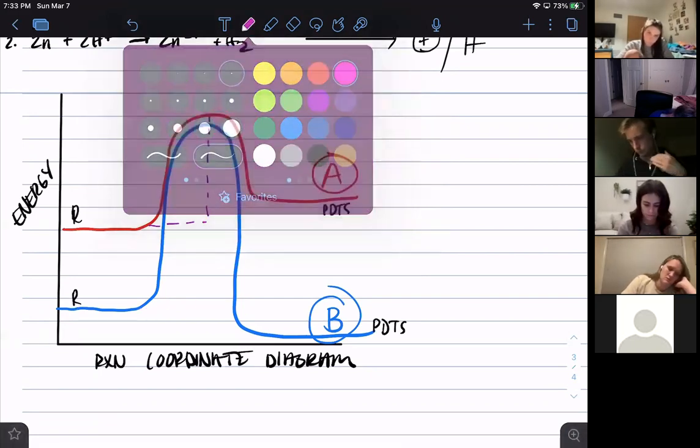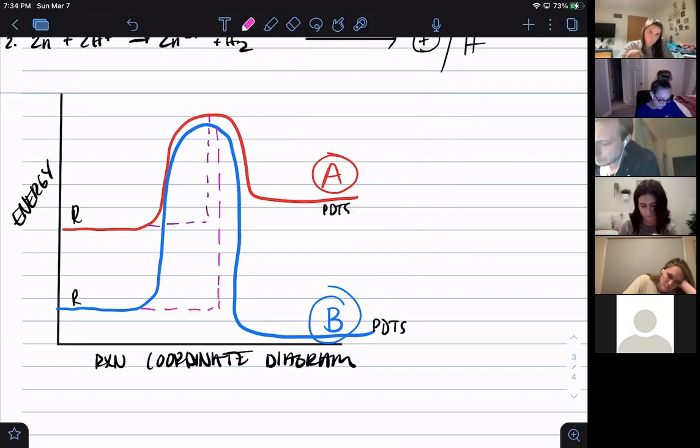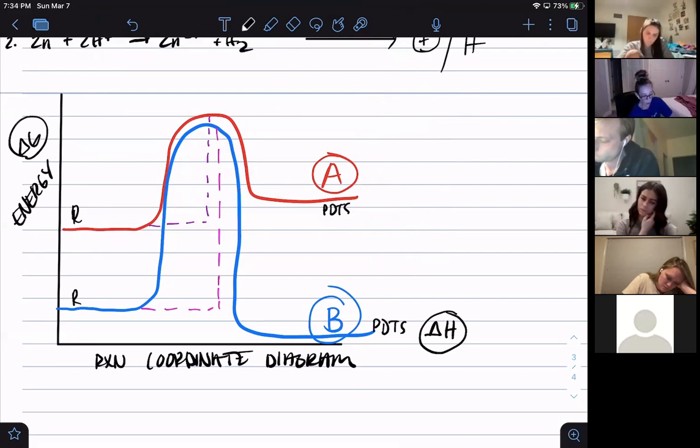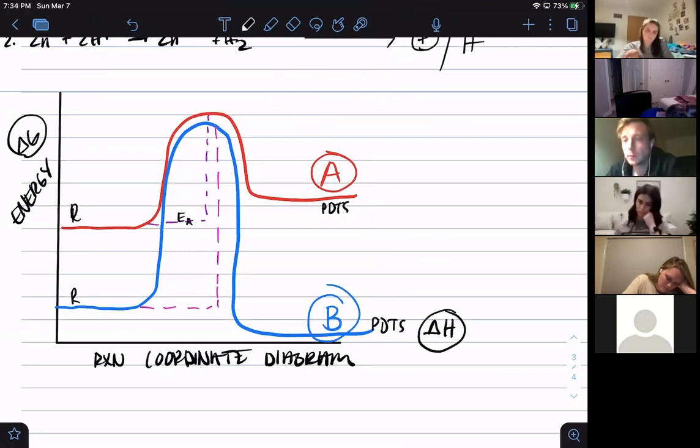That kind of looks the same. Okay, so this is what it's going to look like. Here is going to be E sub A, and this is also E sub A.